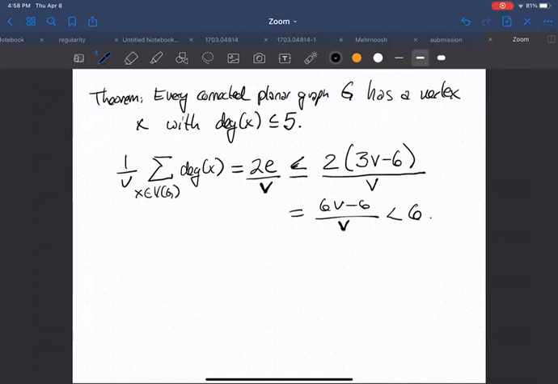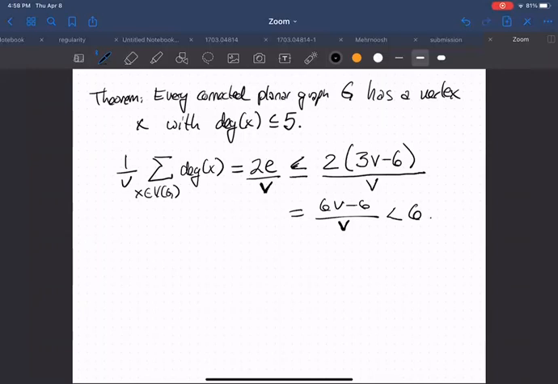Okay. So that means if I look at the vertices, on average, their degree is less than 6. But the degree of a particular vertex, any particular vertex, is an integer. So somewhere there's a vertex of degree less than 6, and that vertex must have degree at most 5.